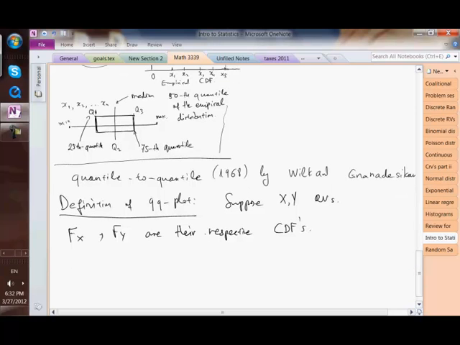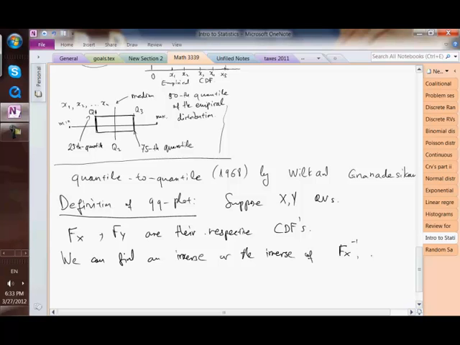Now, what we assume here is that we can find the inverse of the CDF. So essentially, we make an implicit assumption that we can find the inverse of these CDFs.